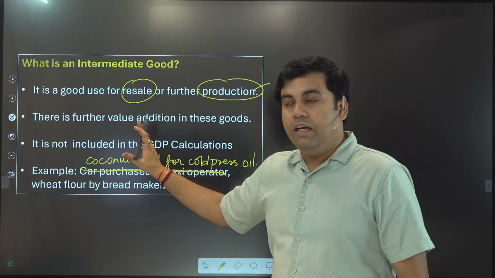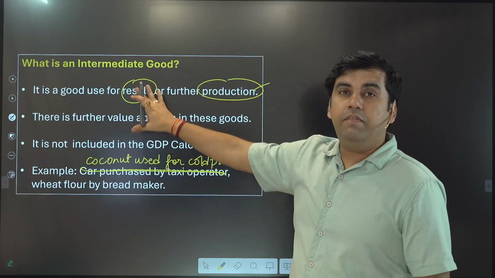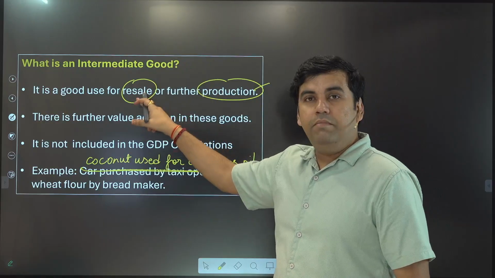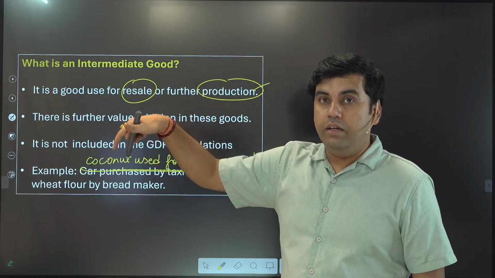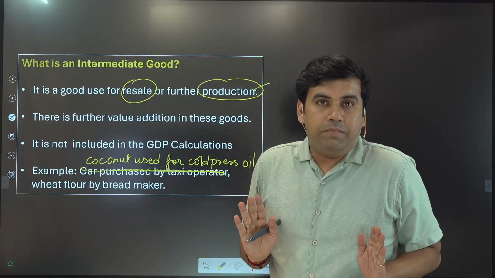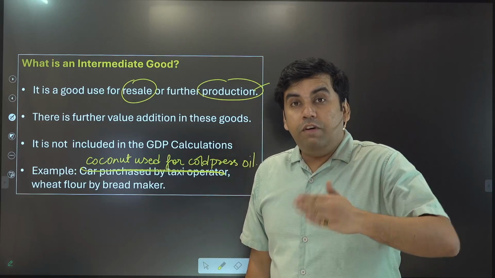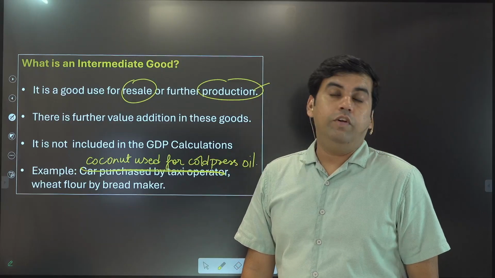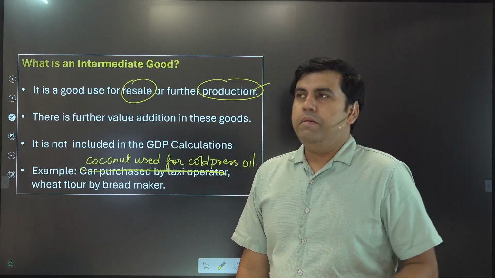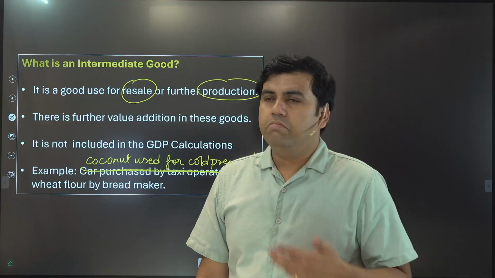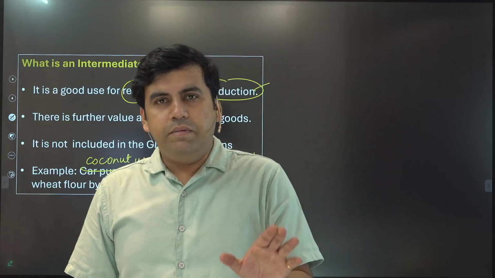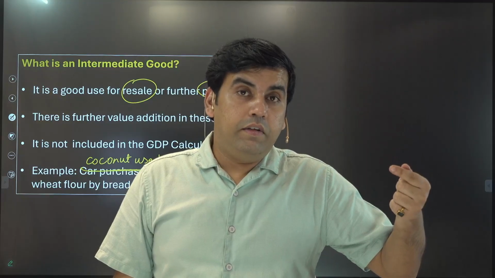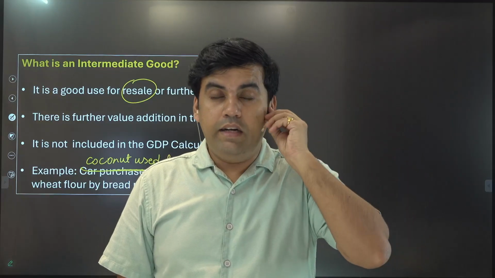Now here, previously this definition never had this, there's a reason why I have included this. The resale here means you are adding value to it. Physical form will remain the same, but further value will be added to it. Maybe profit margin, right? Could be something like that. Now from this perspective, car seems to be an intermediate good also.